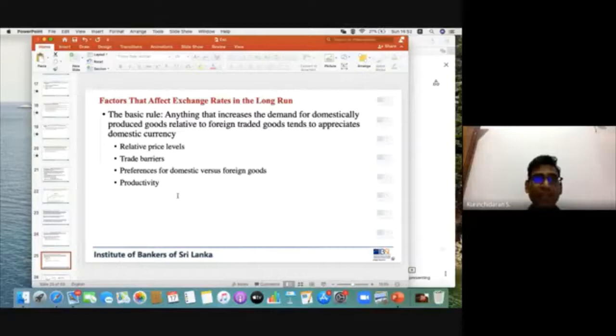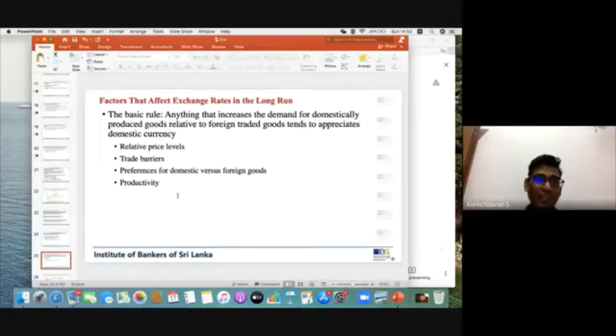But in the long run, the basic rule is that anything that increases the demand for domestically produced goods relative to foreign traded goods tends to appreciate the domestic currency. I repeat it again: anything that increases the demand for domestically produced goods relative to foreign trade goods tends to appreciate the domestic currency. Okay.